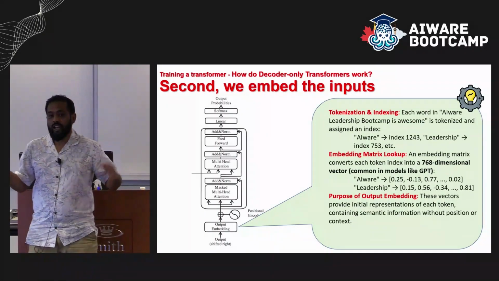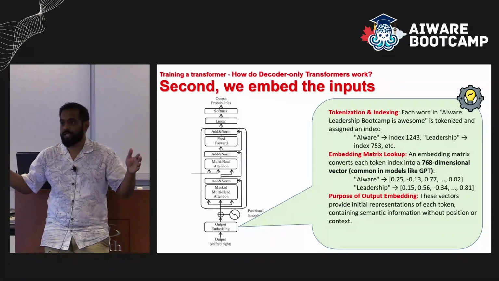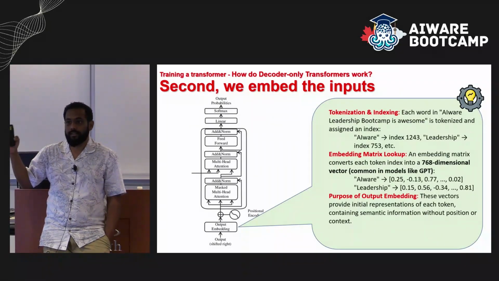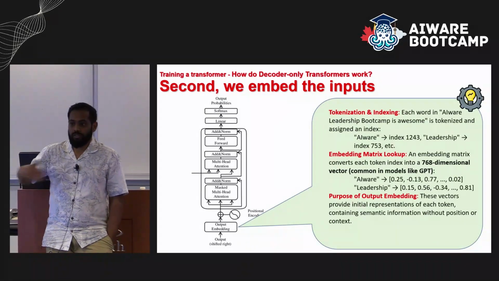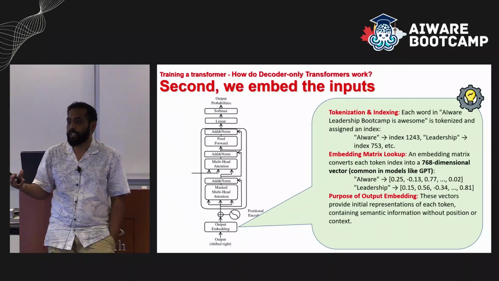So this determines how each token is represented, embedded, and this is used downstream. The reason for embedding is that it embeds the semantic information of each word in higher dimension.